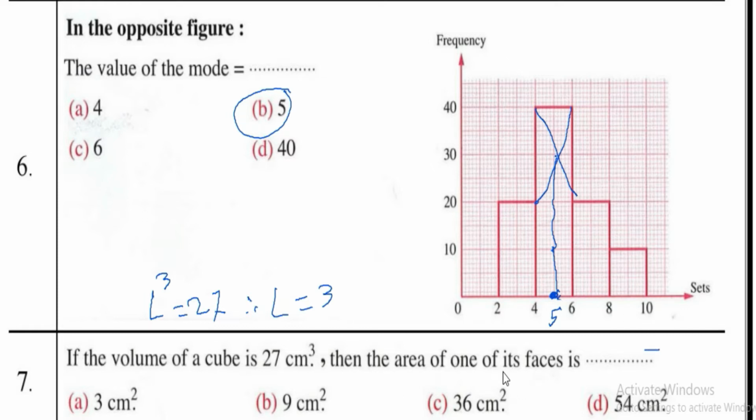It means the total area. The area of one of its faces, 3 times 3 will be 9 square centimeter.